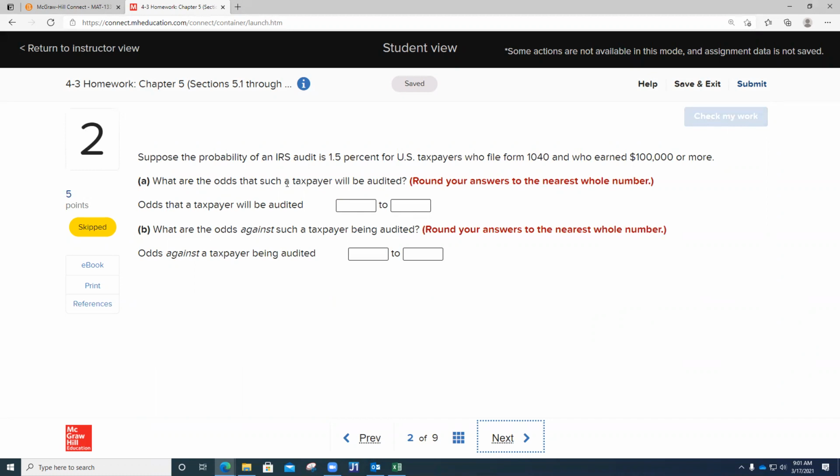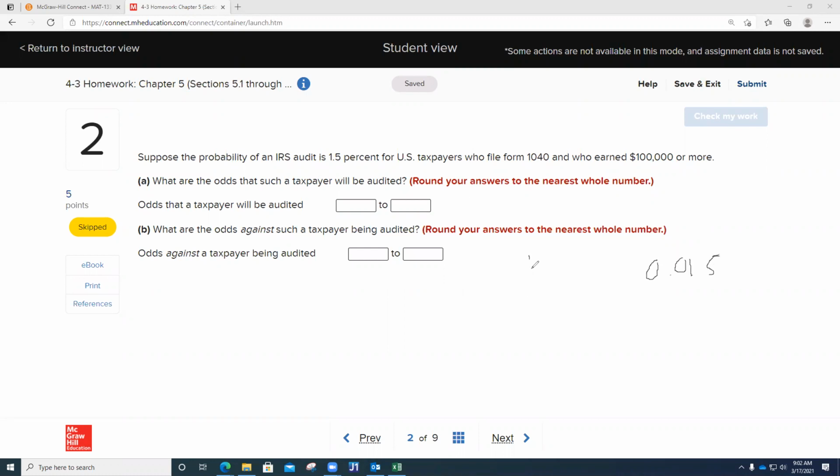So this is another odds in favor and odds against problem, but this one they didn't give you the probabilities. What we have to do here is find what they actually give us. The IRS audit rate is 1.5%. As a decimal, 1.5% becomes 0.015.